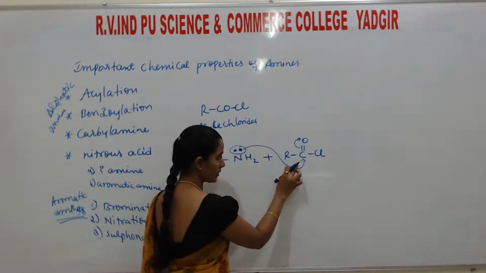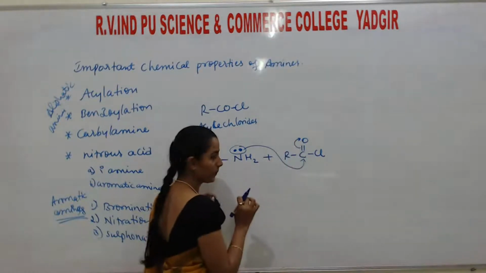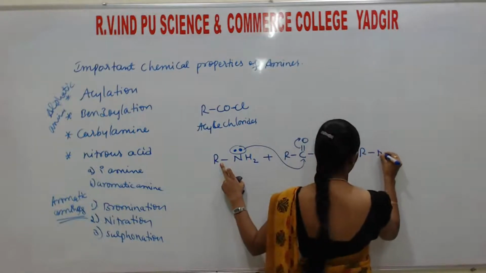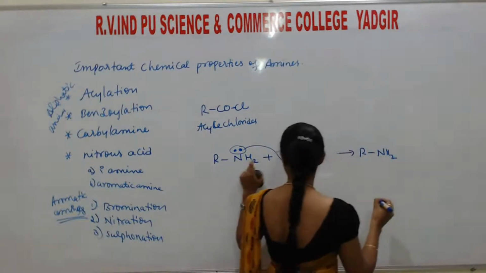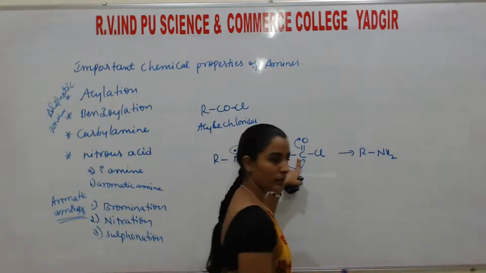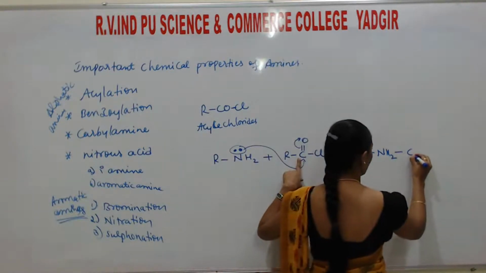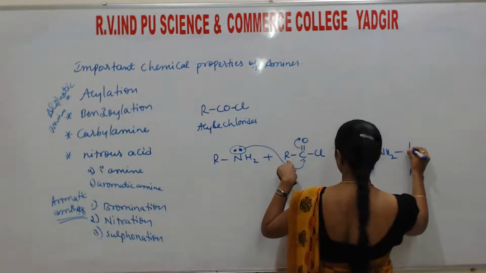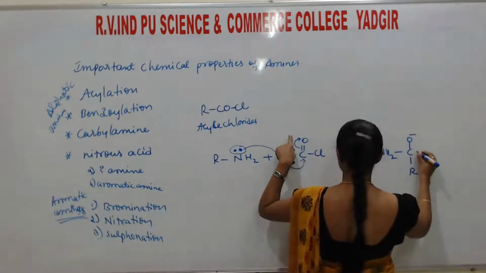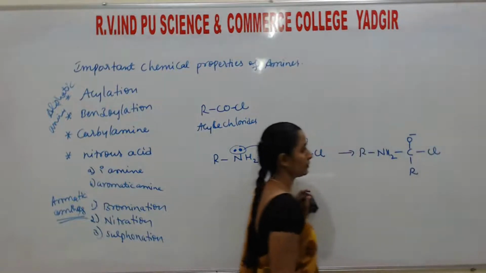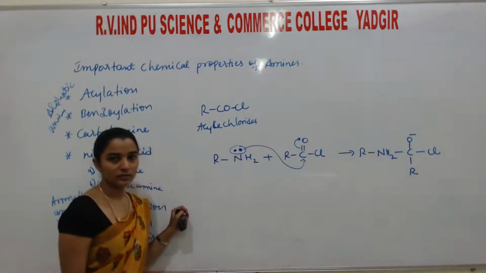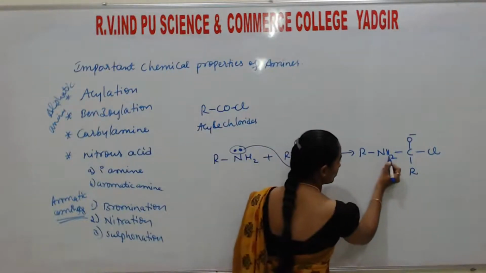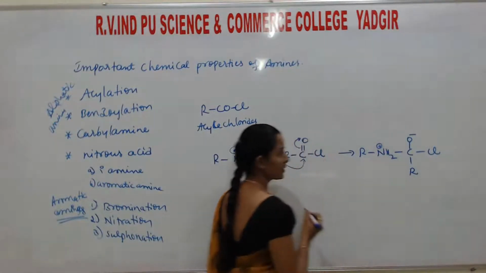Then write as it is RNH2, and here the bond is formed with carbon. Here R is there, here O minus, Cl. Understand? This is the reaction. For the amine, four groups are there, 1, 2, 3, 4, so this is plus in charge.